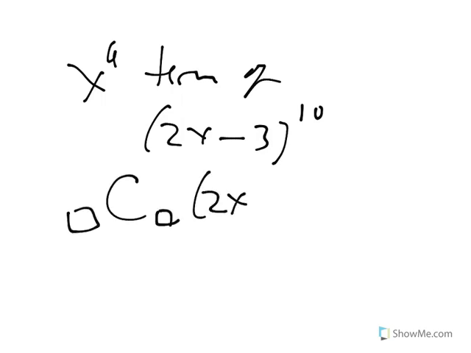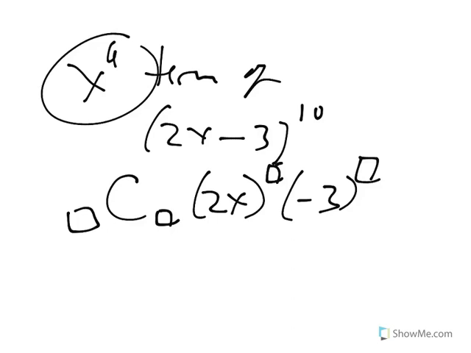In this case, 2x to some power and negative 3 to some power. Now, since I want to get x to the 6, I need to put a 6 right here. And these two numbers have to add up to 10, so I'll put a 4 there, and a 10 here. And you could either put the 6 or the 4. I like to put the 6 here.